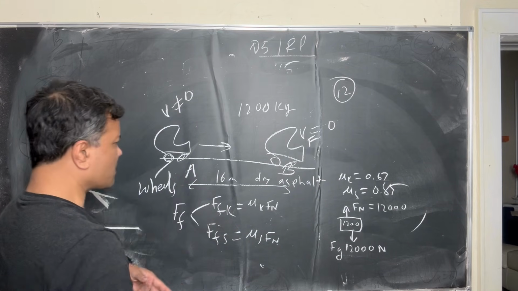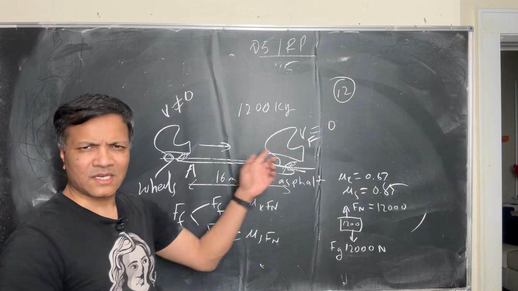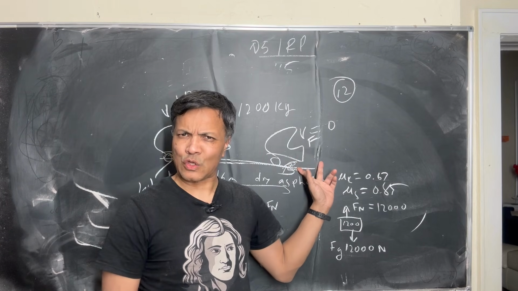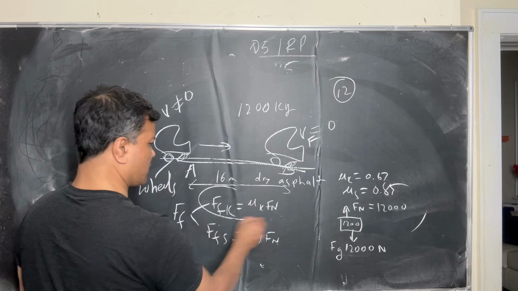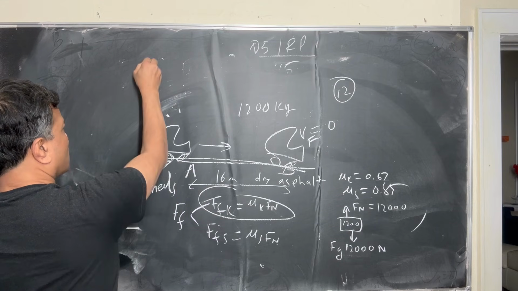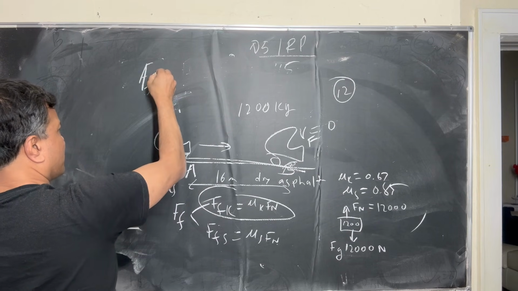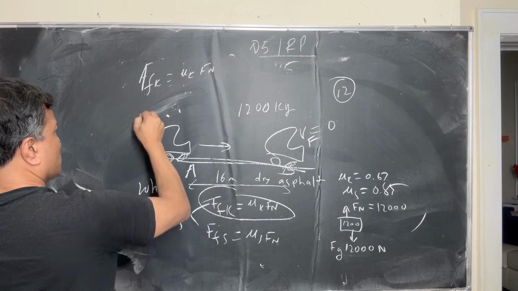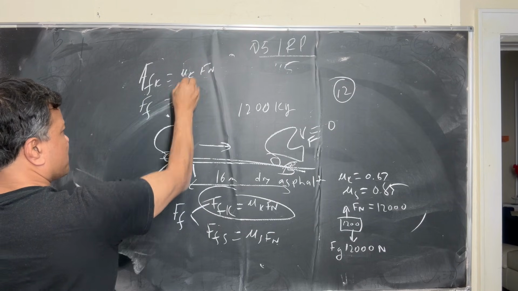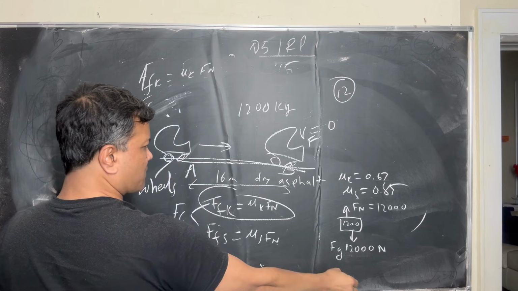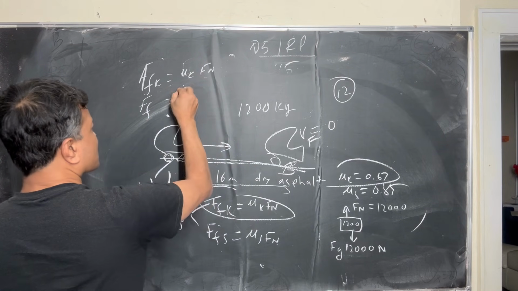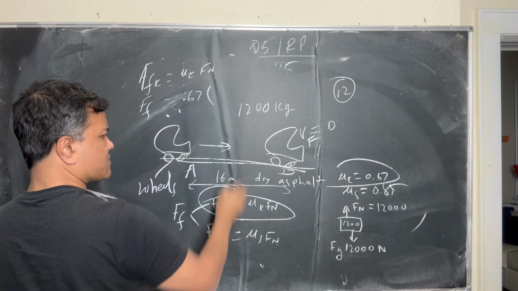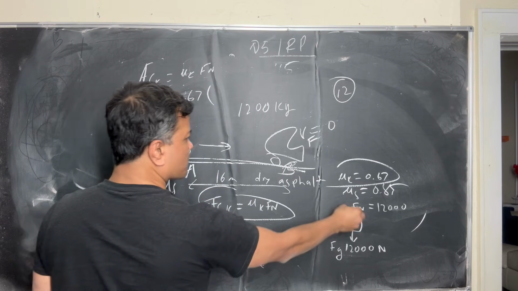Okay, so now the car was moving while it was slowing down and stopping. So we have to use mu k, not mu s. So Ff k is equal to mu k Fn. Okay, so then mu k is 0.67, right? 0.67 times the normal force. What is the normal force? 12,000.